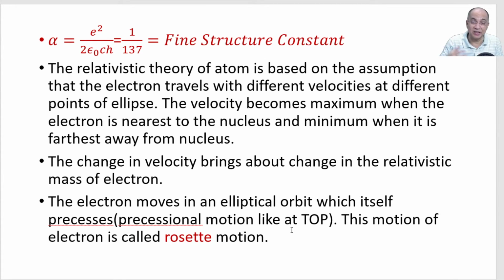There is a mass-energy correlation, and you possibly know what equation is used to find the relativistic mass when a body is in motion, particularly when its velocity is comparable with the velocity of light. At that time its relativistic mass increases, and therefore the relativistic mass of the electron varies from point to point.